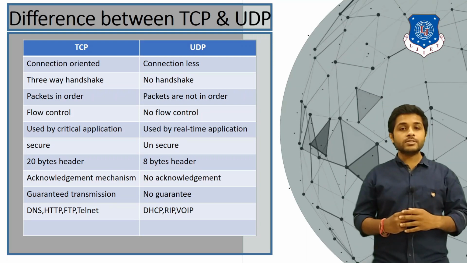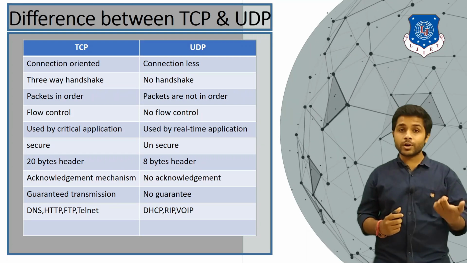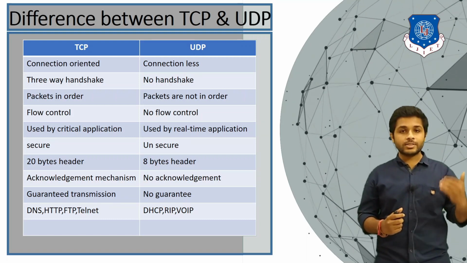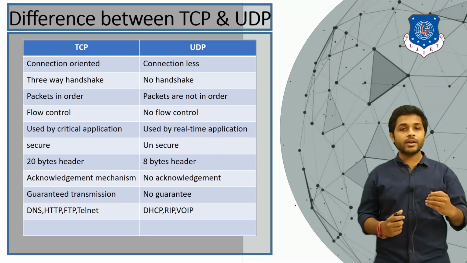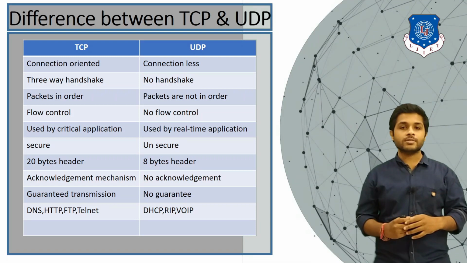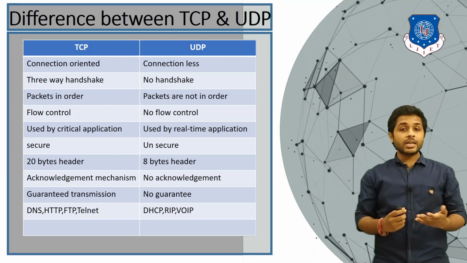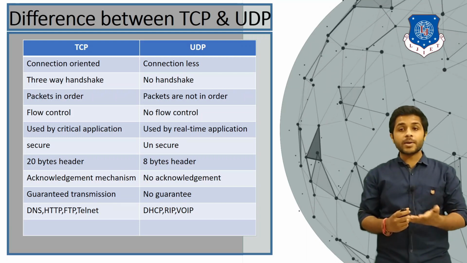The next difference is that in TCP there is a mechanism for flow control. In UDP there is no flow control. What is flow control? The sender should send data at a particular rate so that the receiver can receive it very easily. TCP is used by critical applications that require security. UDP is used by real-time applications.